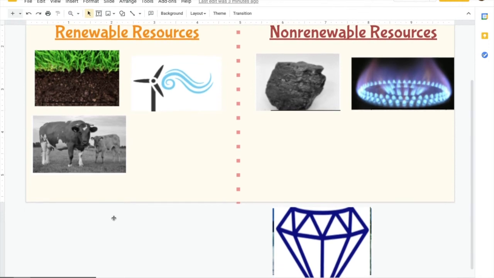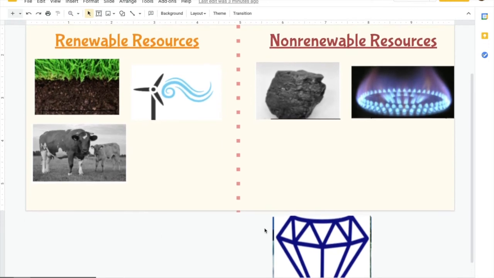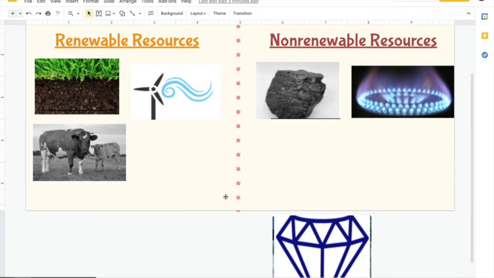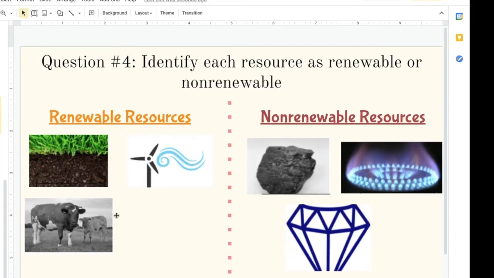Let's move on to the next one. How about minerals like diamonds and coal and gold? Are minerals like diamond and gold renewable resource or non-renewable resource? Minerals like gold and diamonds are an example of non-renewable resources.